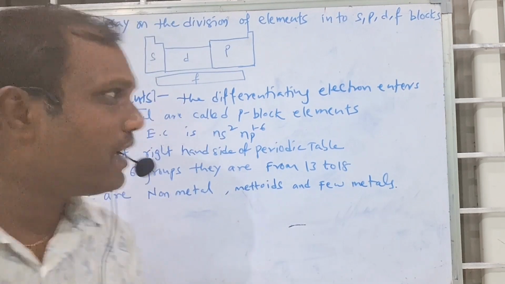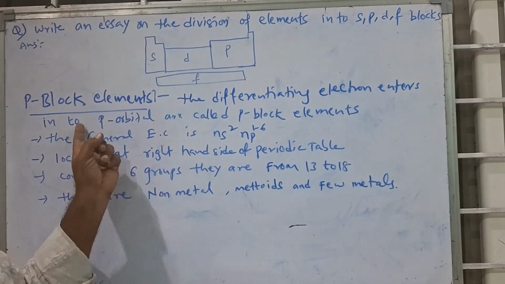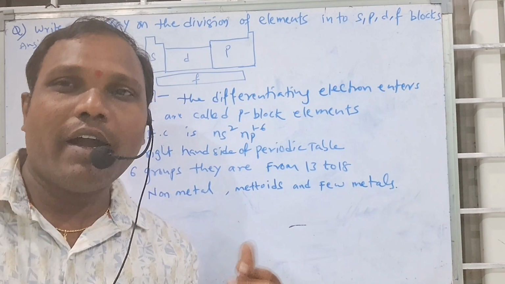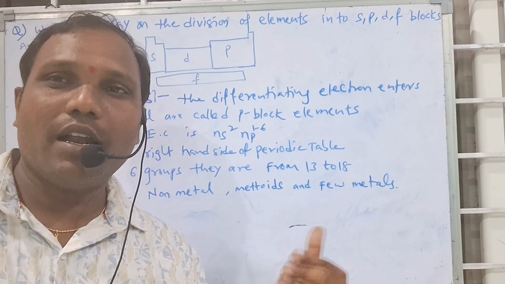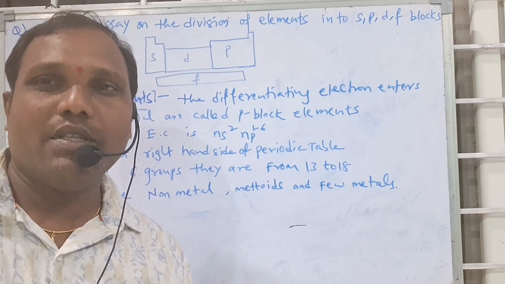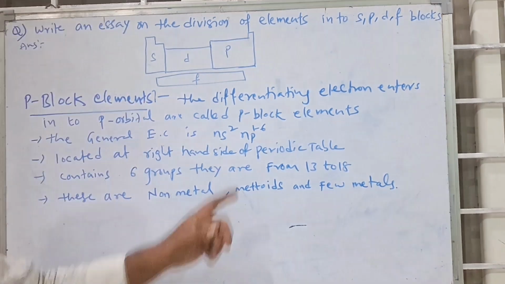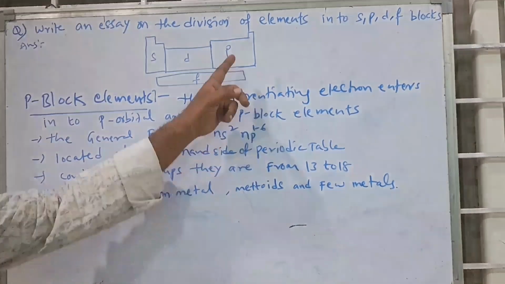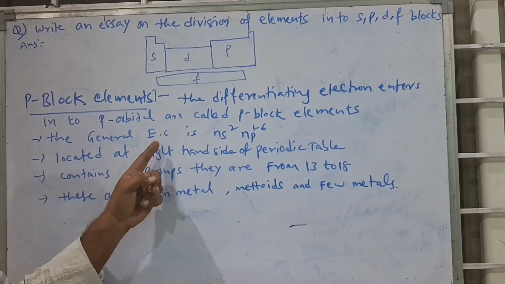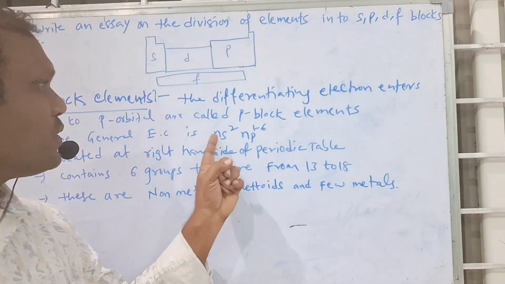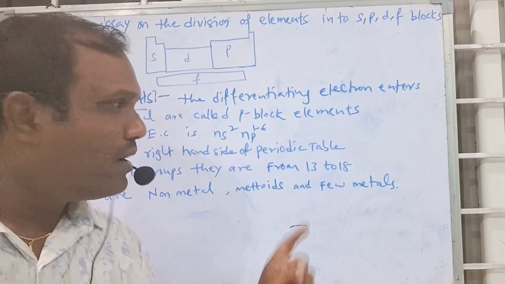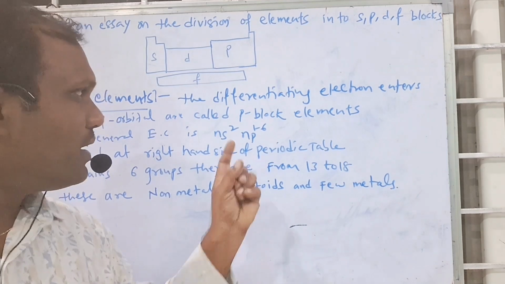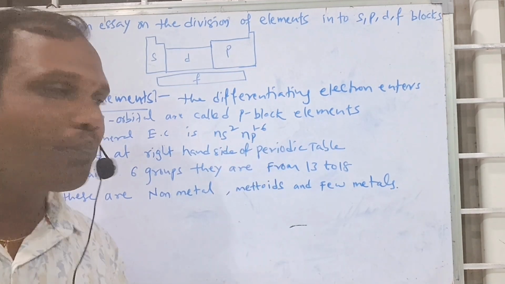The differentiating electron enters the p orbitals: such elements are called p block elements. They are located at the right hand side of the periodic table. The general electron configuration is ns2 np1 to 6.